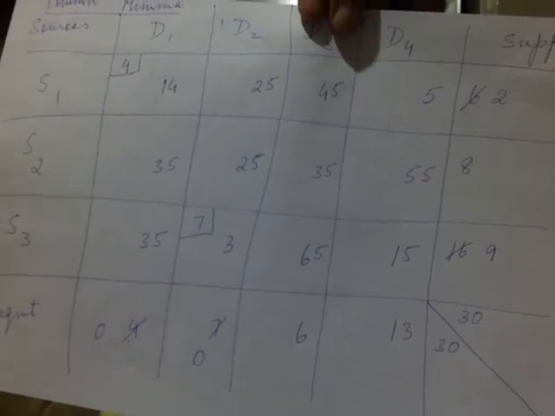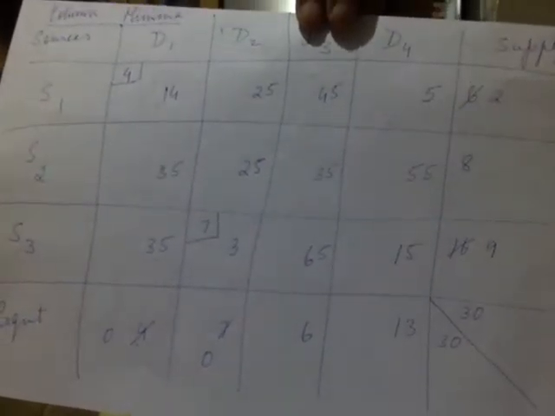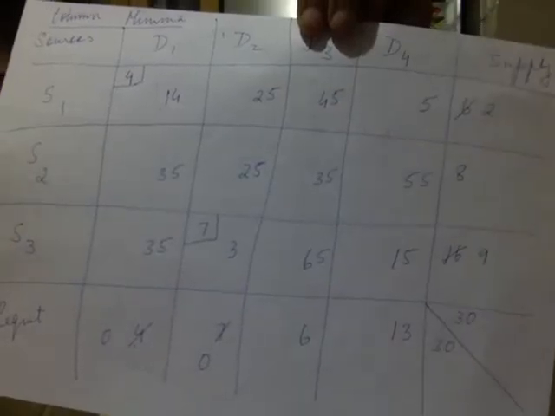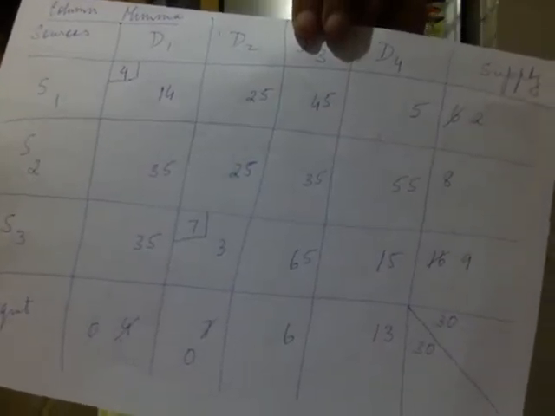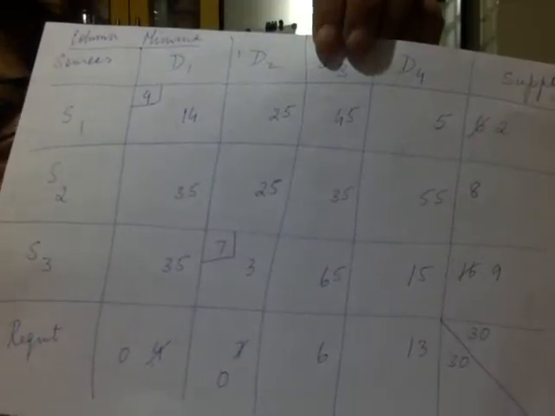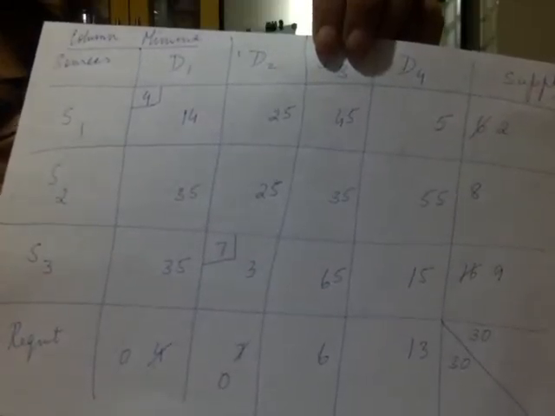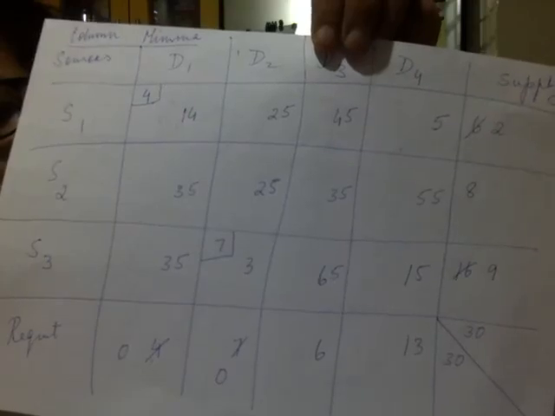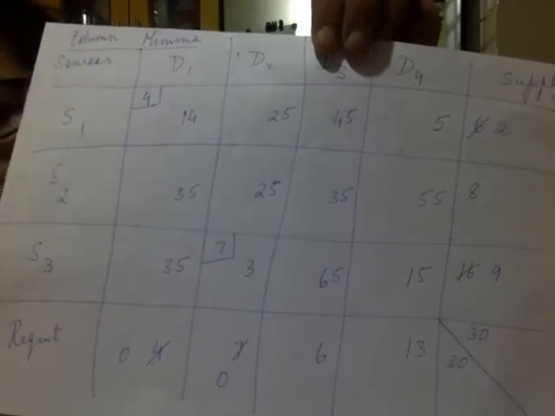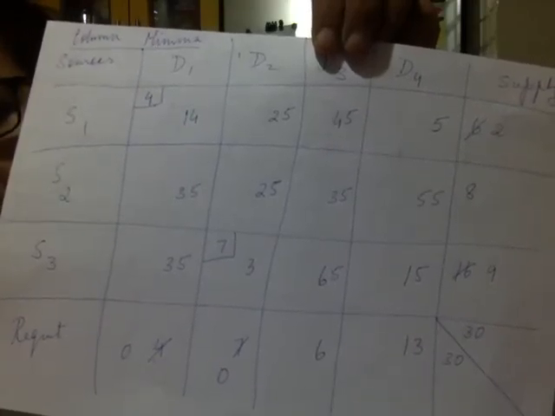Shall we proceed? Look at D3. D3 has costs 45, 35 and 65. The least is 35. So S2 to D3 we will give 6 because the requirement of D3 is 6 and we already have a supply there.